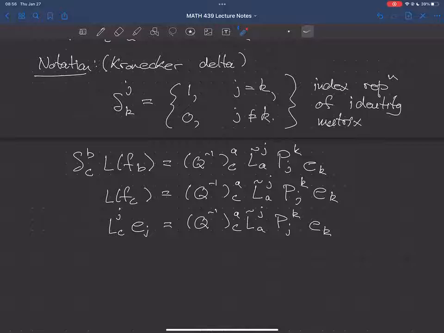Similarly over here, the expression is a little bit more complicated, but I'm summing over A, and I'm summing over J, and I'm summing over K. As I said, I chose J here. It doesn't really matter what you choose, as long as it doesn't appear anywhere else in this expression, because then you'll violate one of the rules of the summation convention.